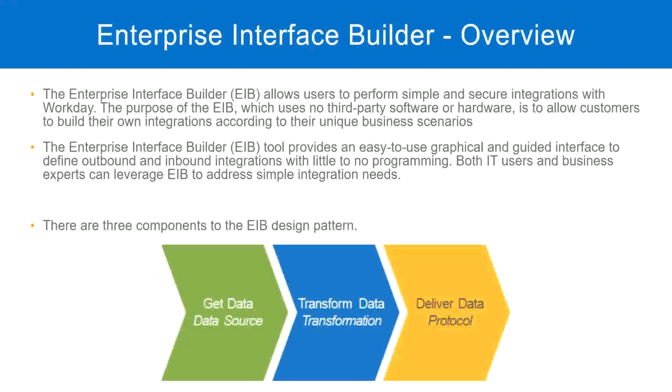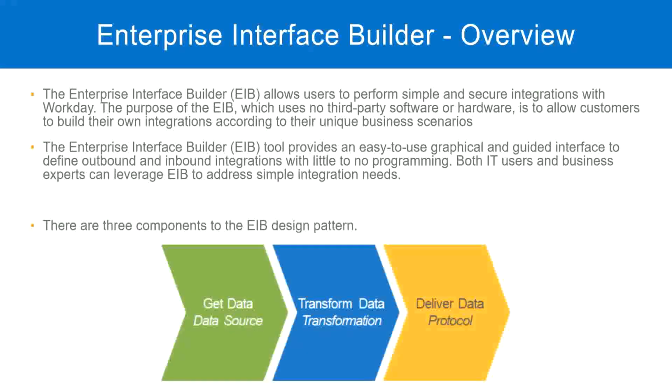So any integration will have 3 steps. First we have to get the data from somewhere. Isn't it? Some of you said we will Google the data. Absolutely. So you can get the data from somewhere.